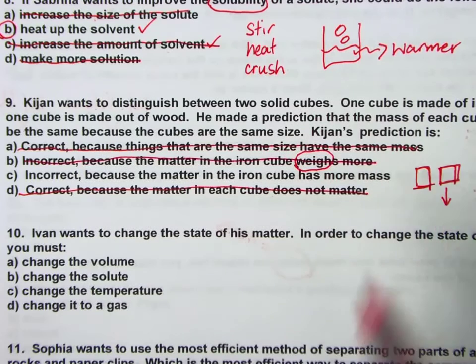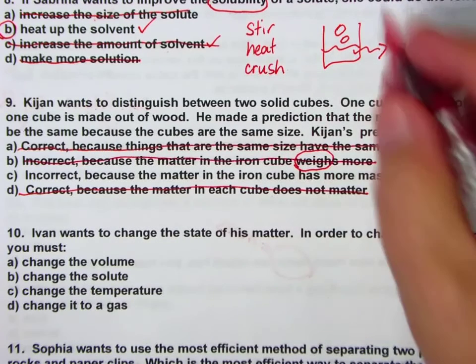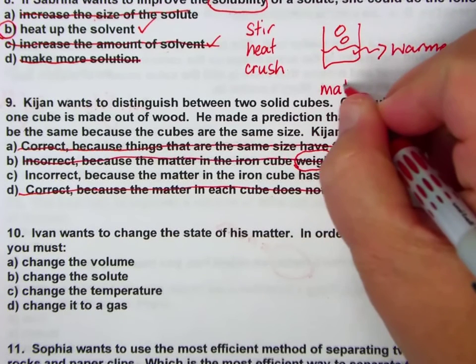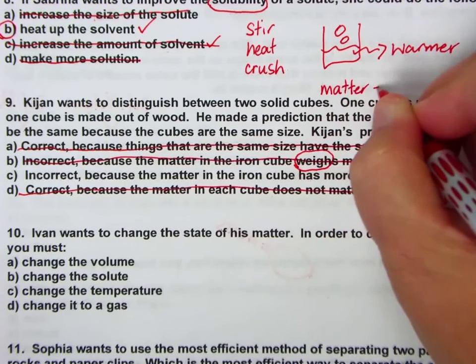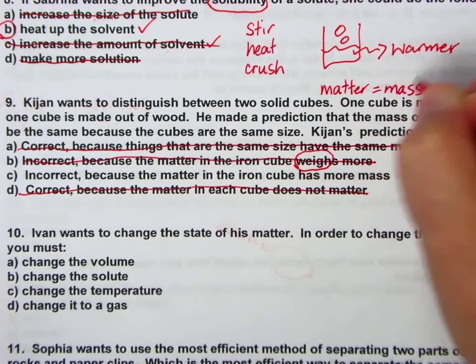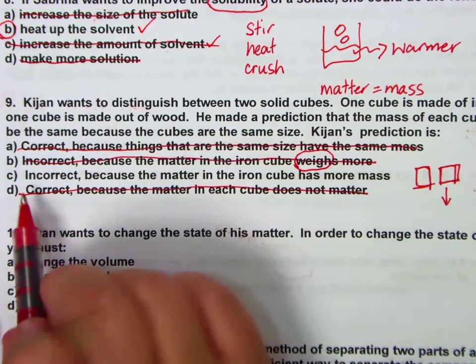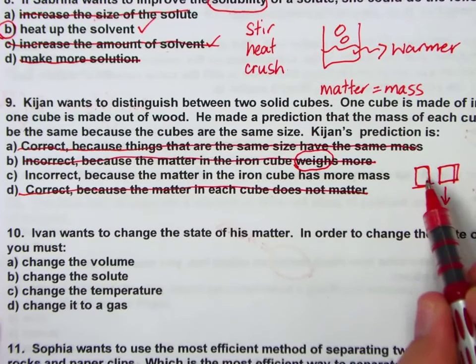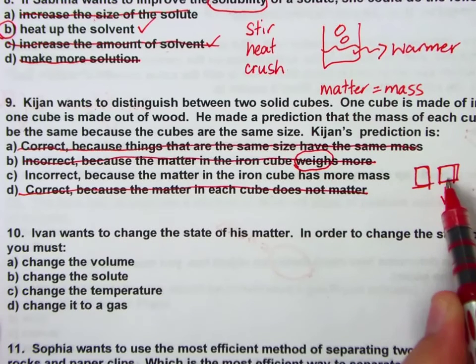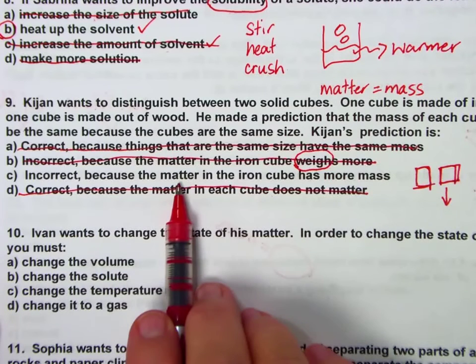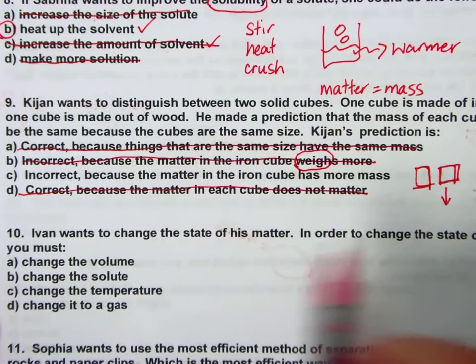When you talk about matter, you talk about mass. Remember, matter equals mass. And that's our little goat, meh, or our lamb, our sheep. So it's incorrect. One would have more mass than the other because the matter in the iron cube has more mass.